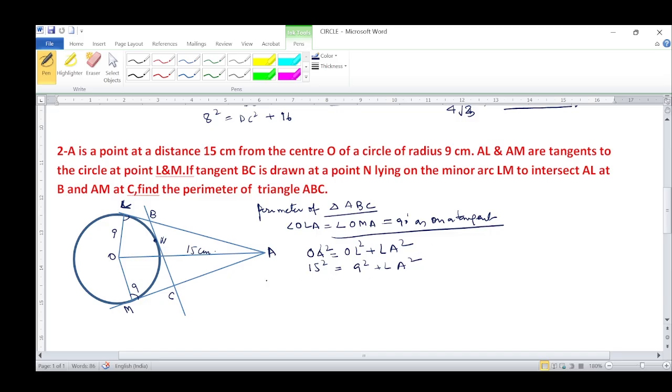Let us solve: 225 minus 81 is 144. So LA square is equal to 144. So LA is equal to 12.